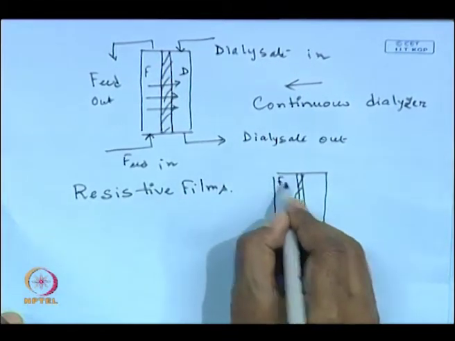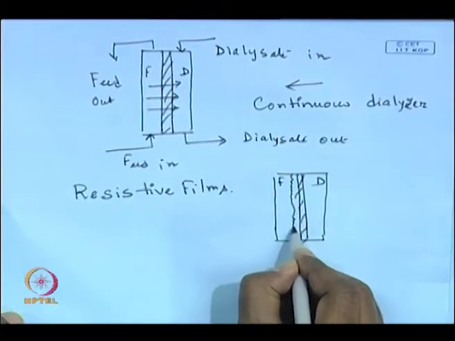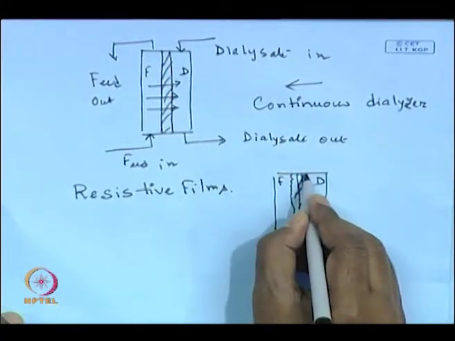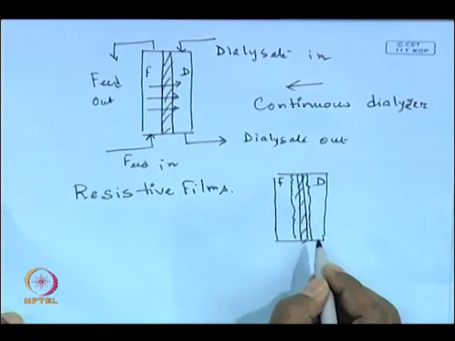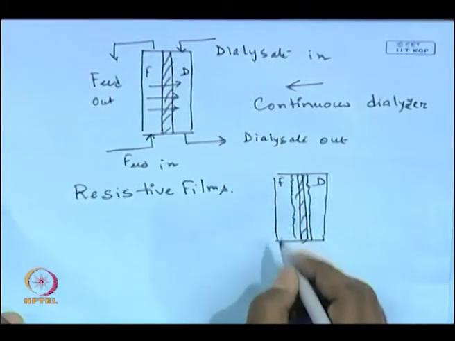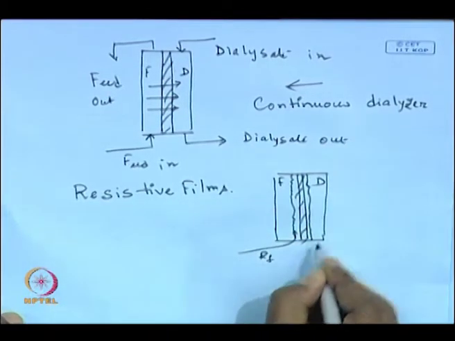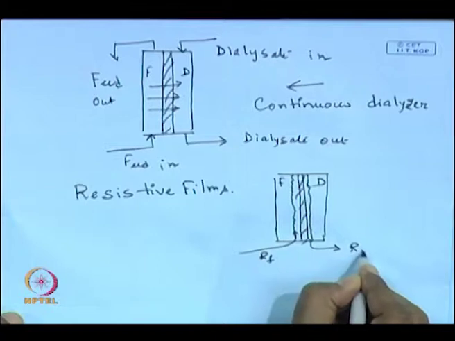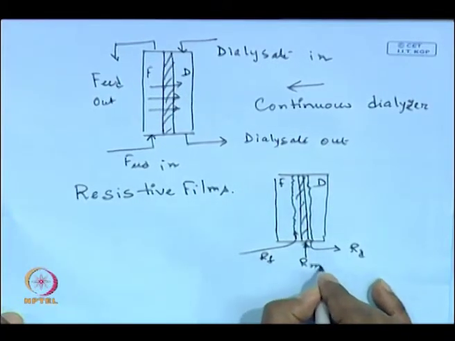Let us say this is the feed side, this is the dialysate side, and you will have a film of solute over the membrane surface on the feed side, and a film of solutes deposited over the membrane surface on the dialysate side. So, we denote this as RF, this as RD, okay, and there is a resistance offered by the membrane itself.